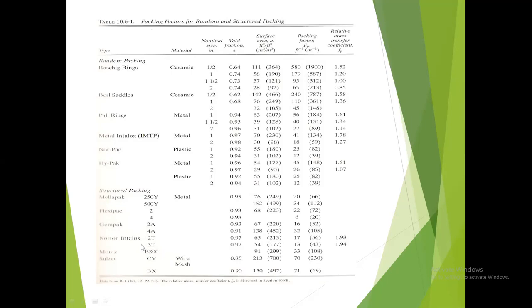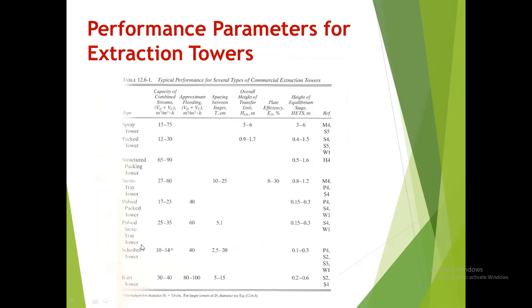What goes with this particular table is the table where you're going to get the HETS. In this table, you have the type of extraction tower and the capacity of the combined stream. This capacity of the combined stream is the decreased capacity already. You have the flooding capacity, and you decrease it by half.